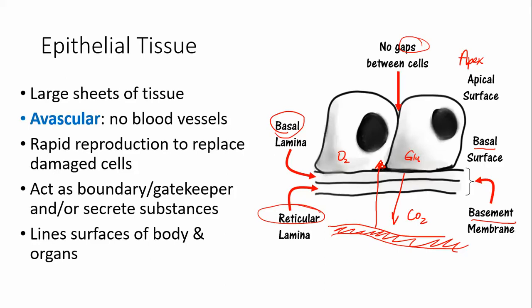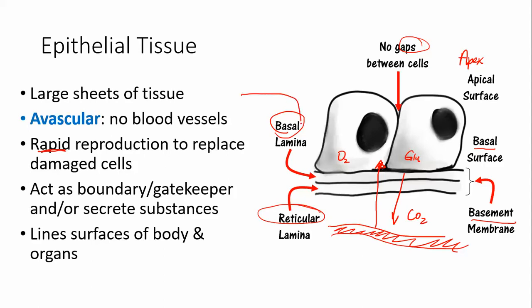And another thing that I wanted to talk about, these are protective layers, which means that they're more likely to get damaged. So they will have very rapid reproduction to allow fast healing, because if you've got this boundary, this kind of set of structures that are protecting your insides, you don't want to have holes in that protection for very long because you don't want bacteria to get through.